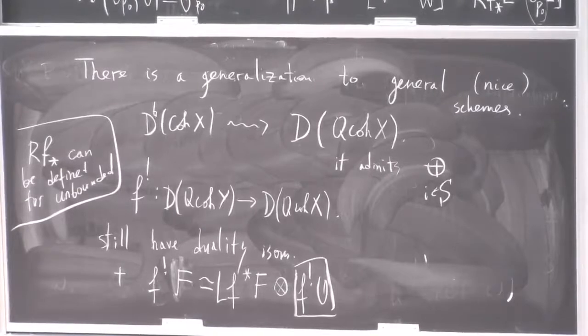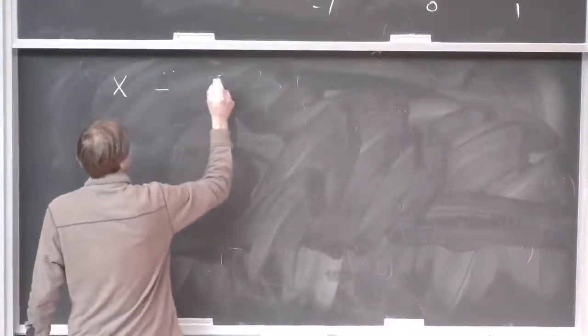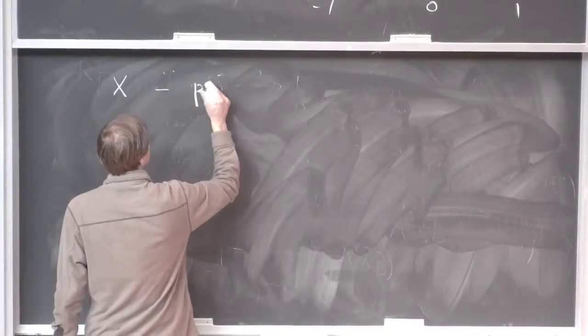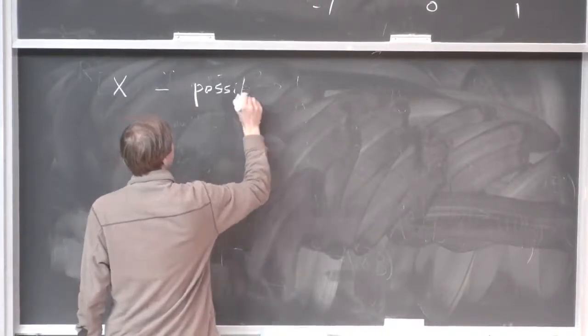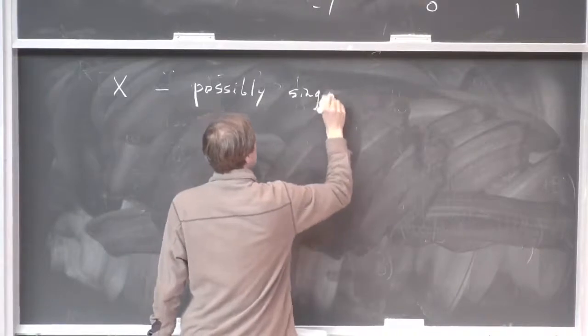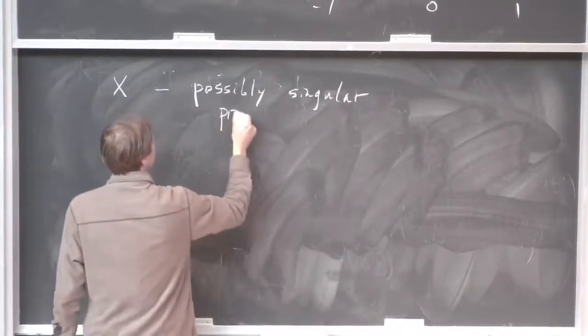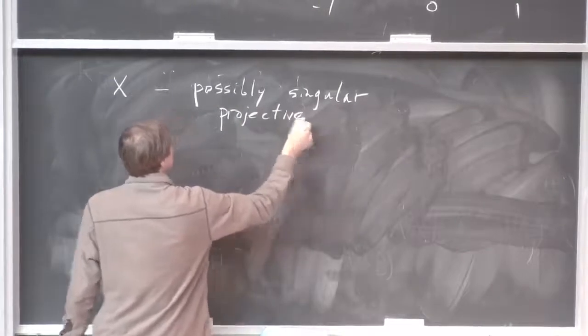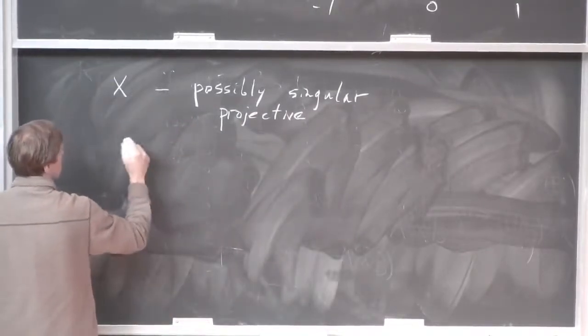So anyway, one consequence of this, which of course was also known classically, is that on a singular scheme, you still have some version of Serre duality, but instead of dualizing with omega X, you have to substitute some complex. So if X is a possibly singular but projective scheme, then we still have a version of Serre duality in the following way.